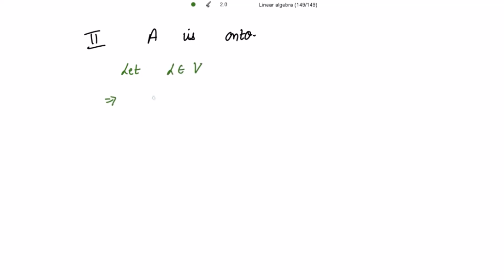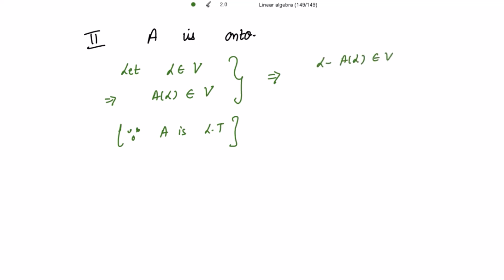So this implies A alpha also belongs to V, since A is a linear transformation. From these two, this implies that alpha minus A alpha also belongs to V. Reason: closure property of the linear transformation.